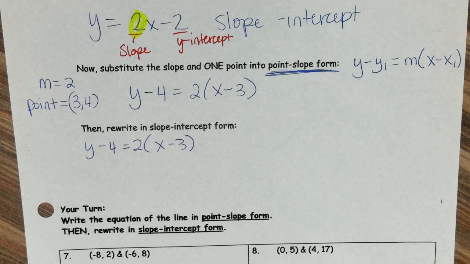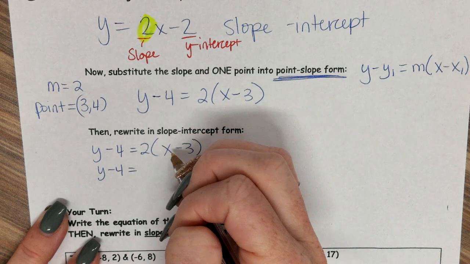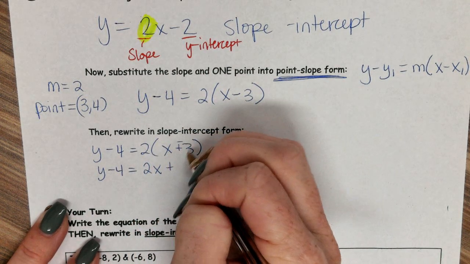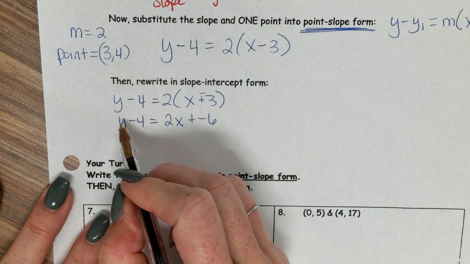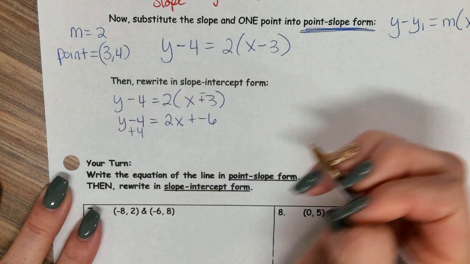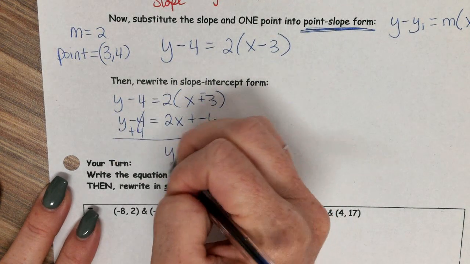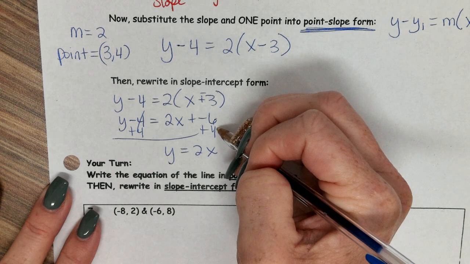Are y'all ready? So I have y minus 4. I need to distribute the 2, so 2 times x is 2x, and then 2 times negative 3 is negative 6. All right. I need to get the y by itself, so how would I get rid of minus 4? And whatever I do to the left, I have to do to the right. All right, so I have y equals 2x, and what is negative 6 plus 4?